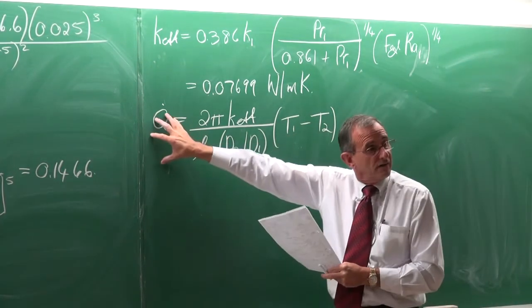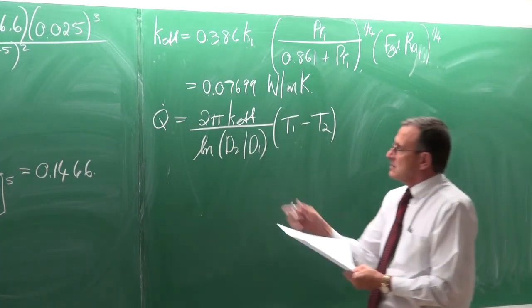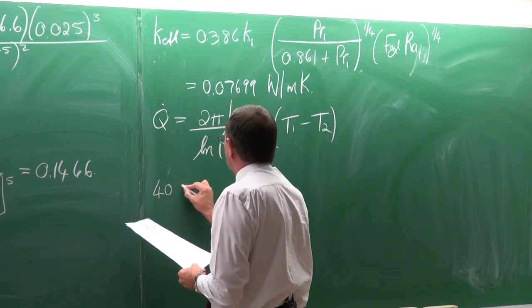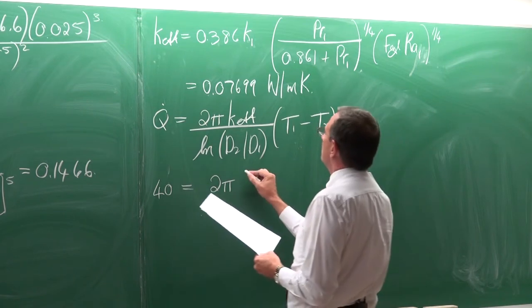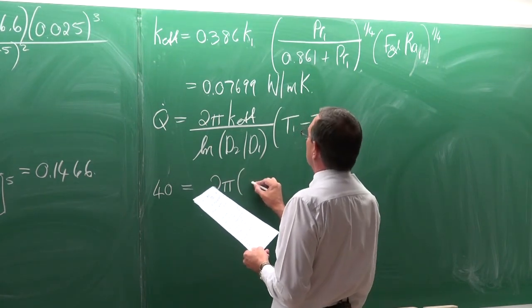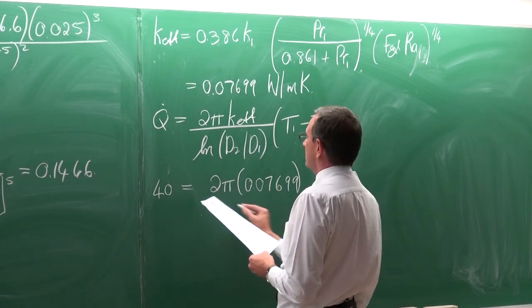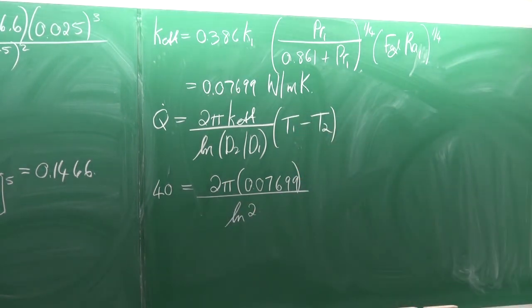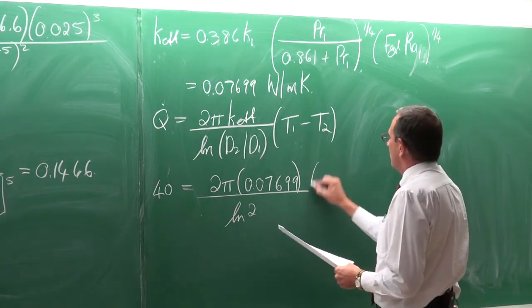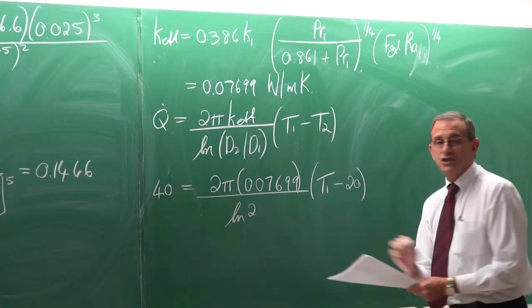Or what I did is I used 40 there and calculated the wall temperature. So the heat transfer rate is equal to 40. It's equal to 2 times pi multiplied by K effective, which is 0.0769, divided by the ln of 2, because it's 100 millimeters divided by 50 millimeters, multiplied by T1 minus the environment temperature, which is 20.